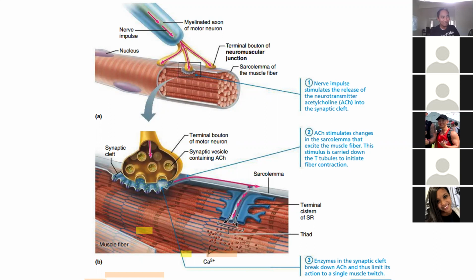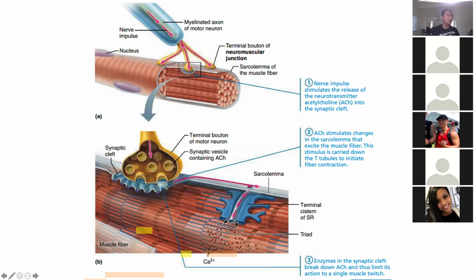If we look in a little more detail at this junction between the nerve ending and the muscle fiber, the nerve, after stimulation, secretes acetylcholine into the space between the nerve ending and the muscle.